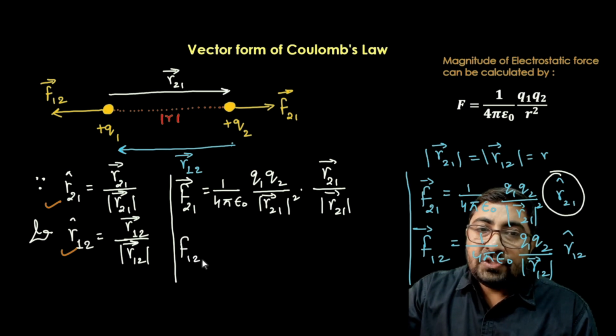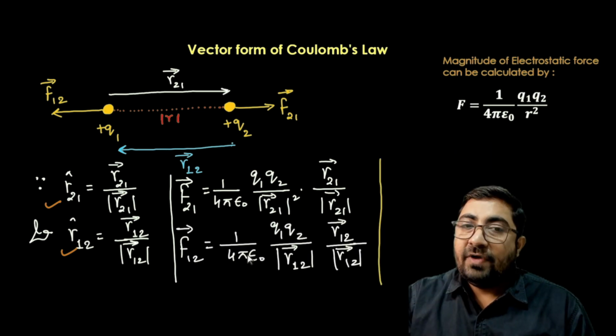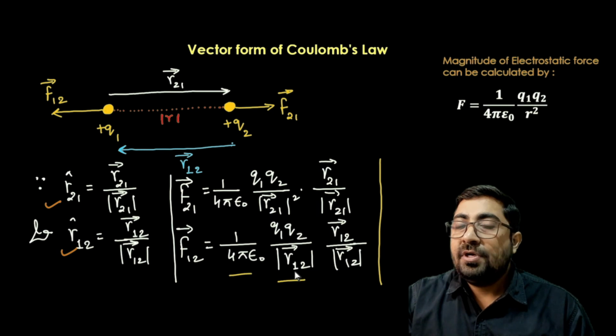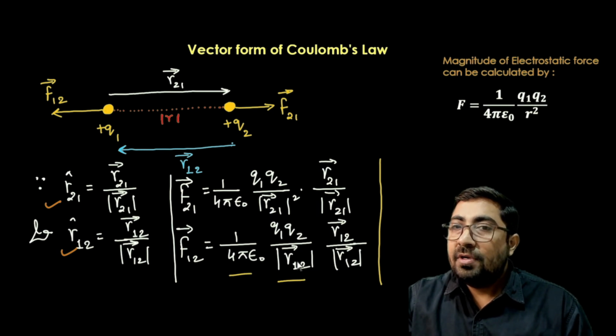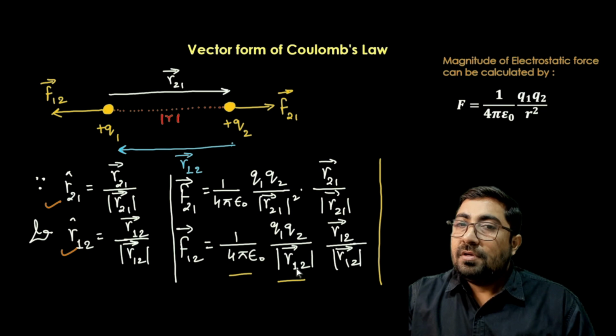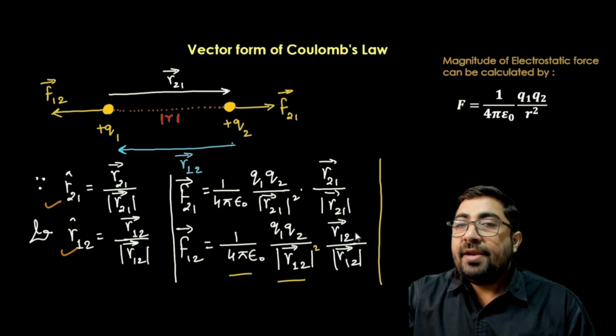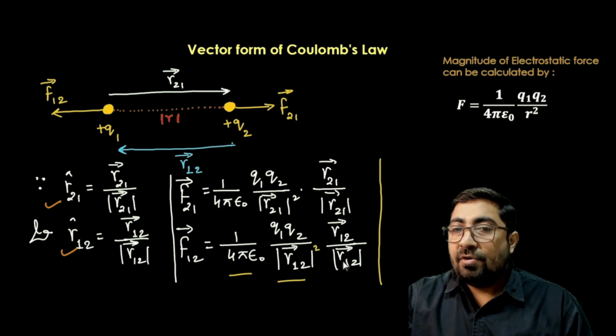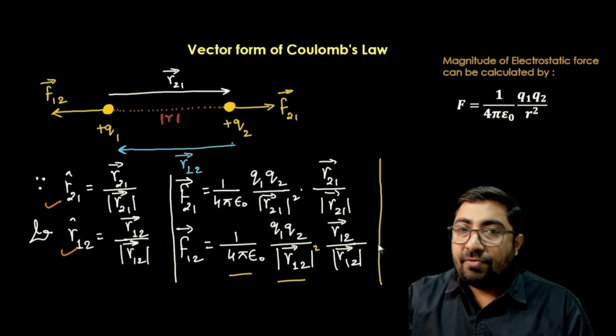Similarly, F12 can be written as 1 upon 4 pi epsilon naught q1 q2 upon the magnitude of r12 square, times vector r12 upon the magnitude of r12.